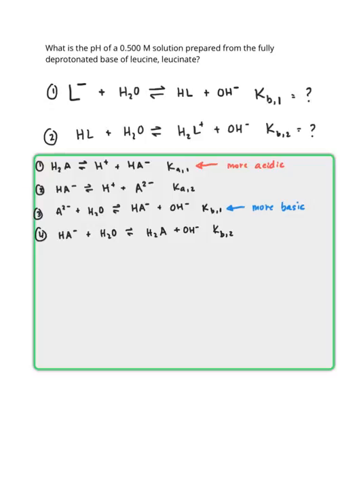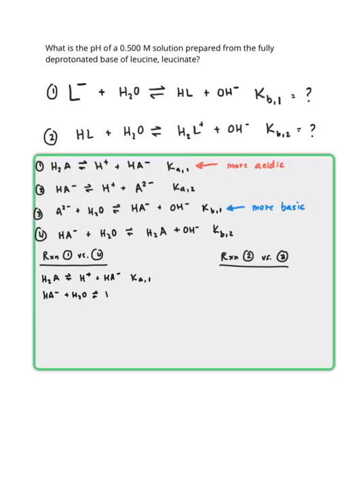and 2 and 3. In reactions 1 and 4, we have first H2A deprotonating to H plus plus HA-, equilibrium constant Ka1. In reaction 4, HA- reacts with water to form H2A and hydroxide. Equilibrium constant here is Kb2.